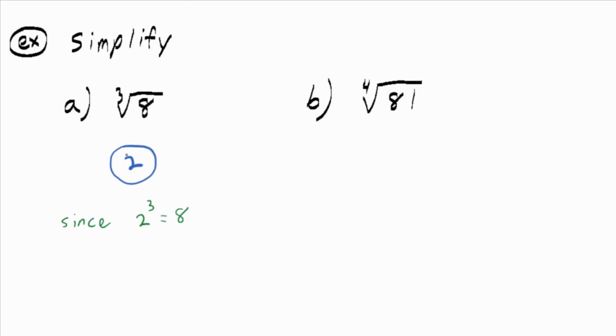That's what the definition says has to be true. Okay, what about the fourth root of 81? 3, yeah, so that's 3, and then you could say since what? 3 to the 4th equals 81. What's n in this case? n is 4. By the way, n is called the index.